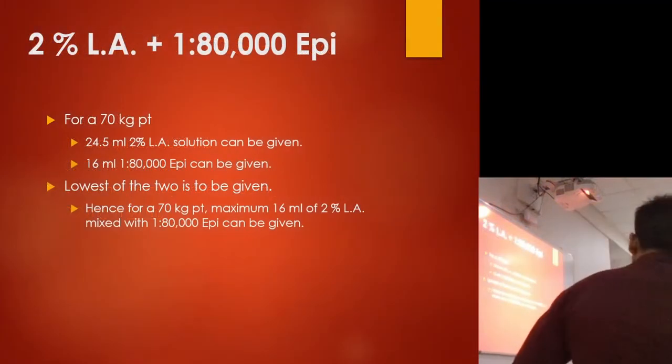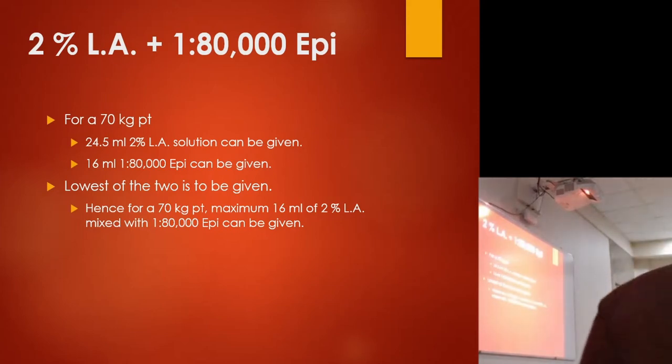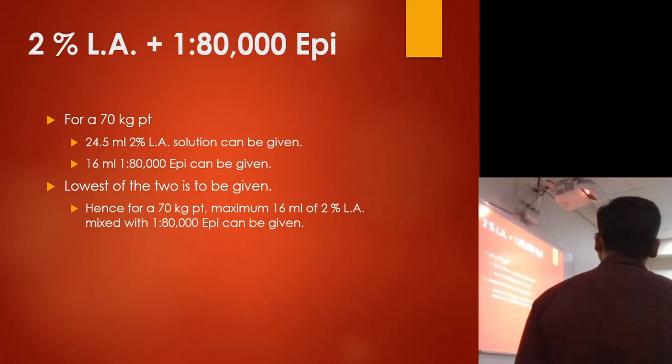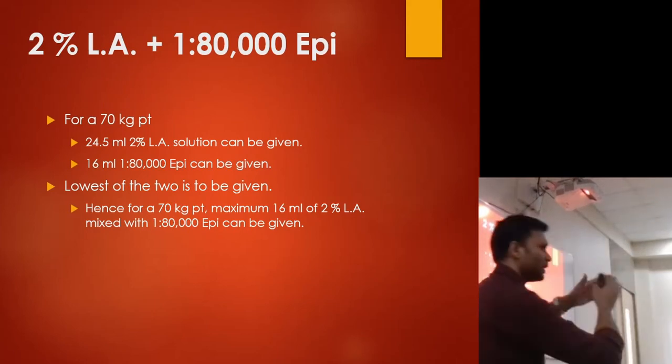So now this is an important part. Now we are giving the solution, right? 2% LA with 1:80,000 epinephrine, right? So in a 70 kg individual, we calculated 24.5 ml of 2% LA can be given. ठीक है, 24.5 ml, but epinephrine that can be given is 16 ml only. So whatever is the lower, अब इसमें से हम अलग तो करेंगे नहीं.